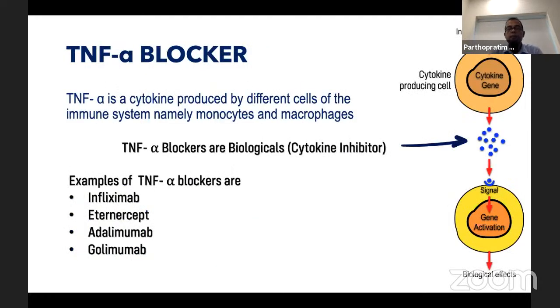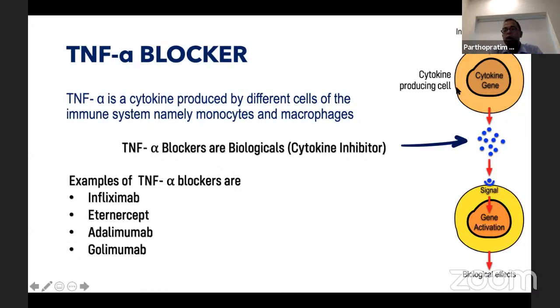But today, as there are already a lot of discussions on immunosuppressives, I'll go into a much more interesting topic, that is TNF alpha blockers. The TNF alpha blocker is basically a part of the biologicals we have now. TNF alpha is a cytokine produced by different cells of the immune system, namely monocytes and macrophages. These TNF blockers, in common language we call them biologicals, but at the molecular level, these are cytokine inhibitors.